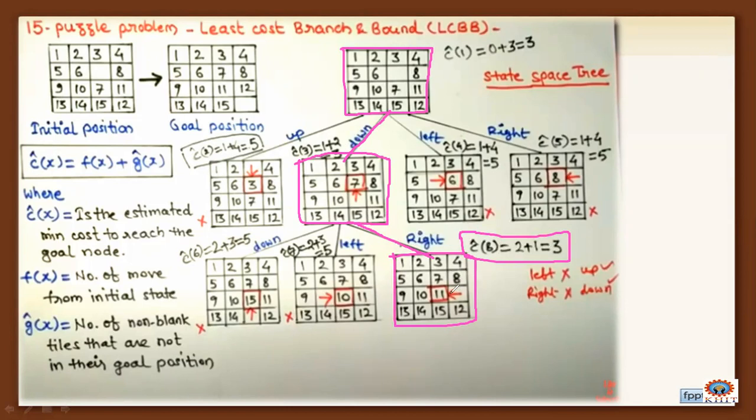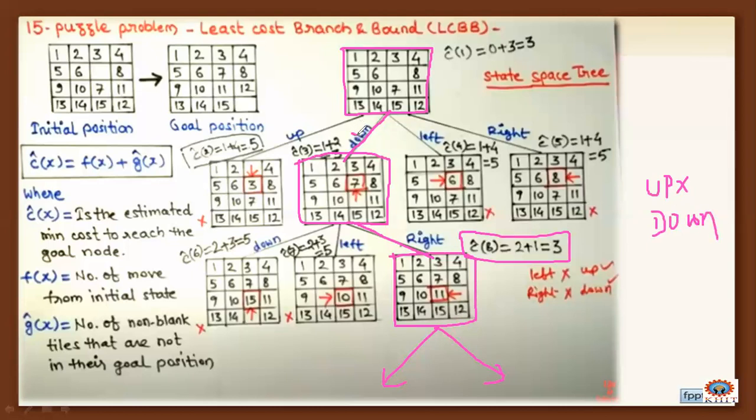Now here, we need to construct the tree, and again there are 3 possible ways. Here there is no possibility of going upward, and there is no possibility of going downward. Why?